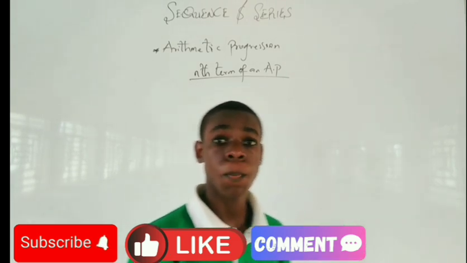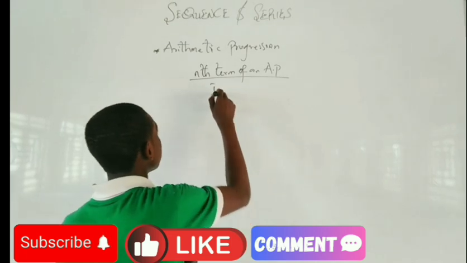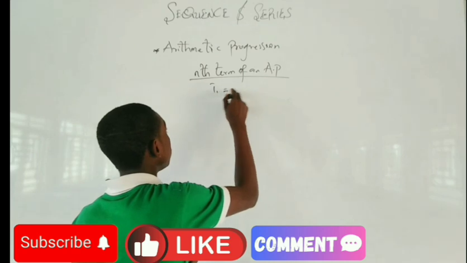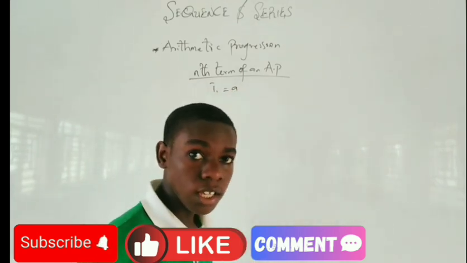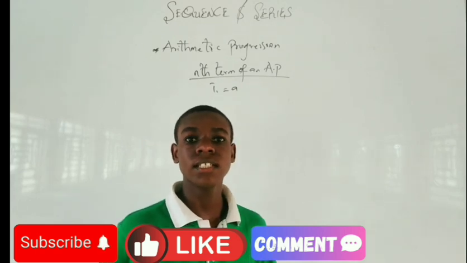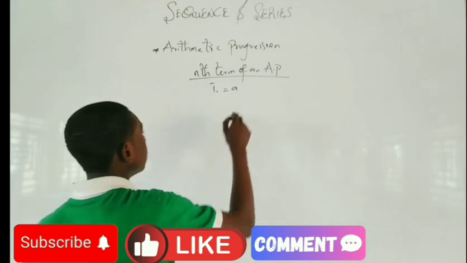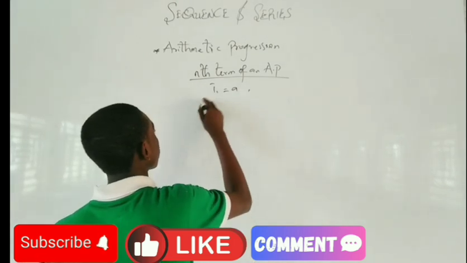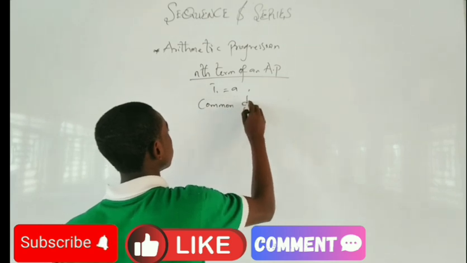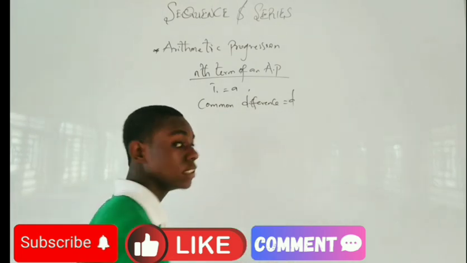First of all, in an AP, we always have our first term, that is our T1, and it's denoted with A. Then we have the common difference, which is denoted with the sign D.